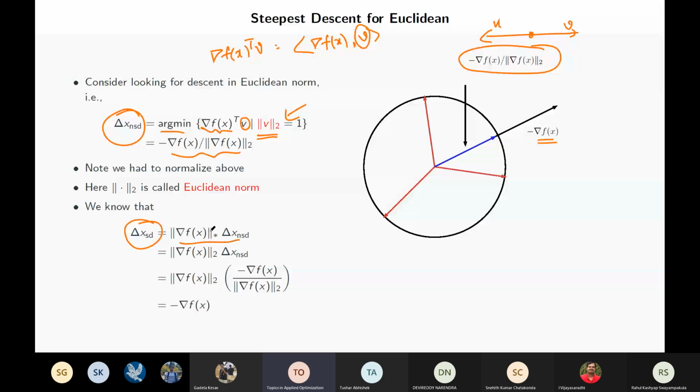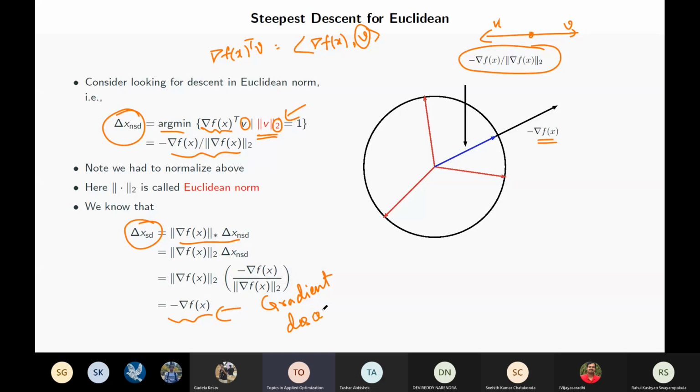This will be the dual norm of grad f(x), times delta x nsd, the normalized one. The dual of the 2 norm is the 2 norm itself, so I have the norm of grad f(x), and delta x nsd is taken from here. If you multiply this out, you will see that this is negative grad f(x), and this is the gradient descent that we know.